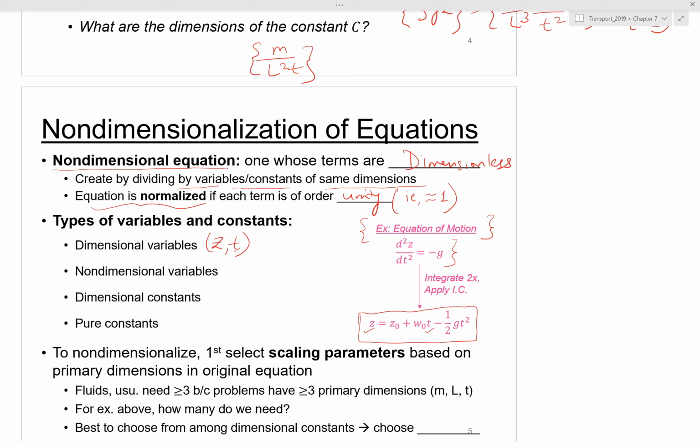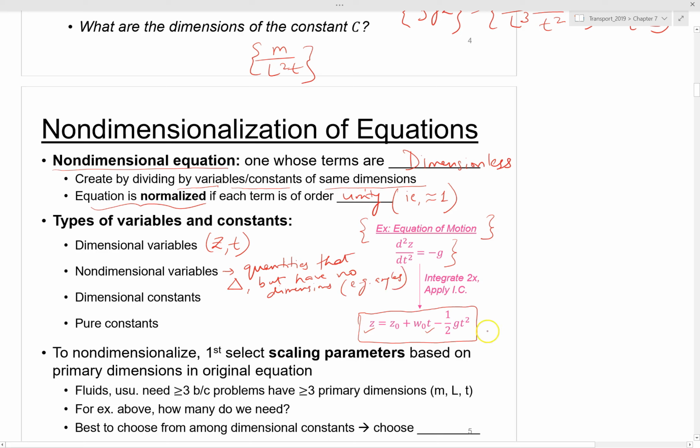And what are the non-dimensional variables here? Non-dimensional variables are quantities that change but have no dimensions. Example, angles. We do not have any here.